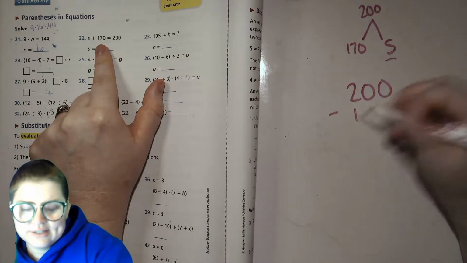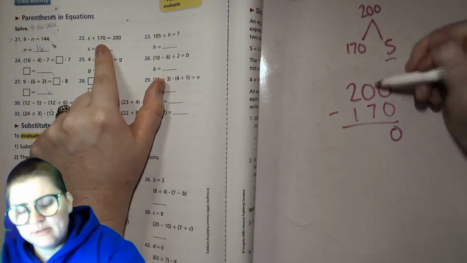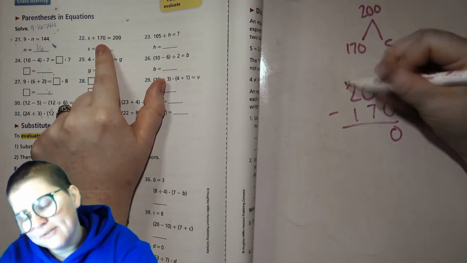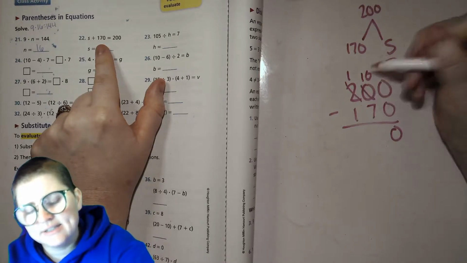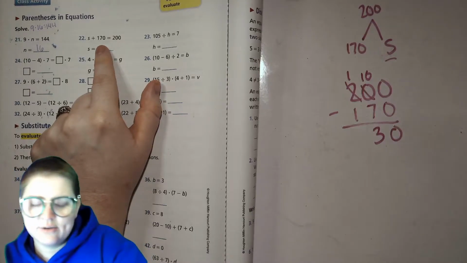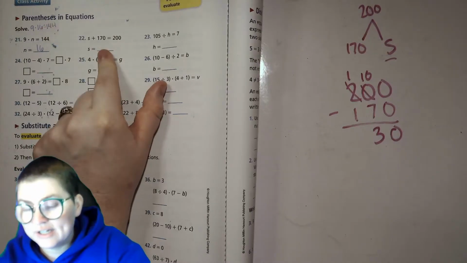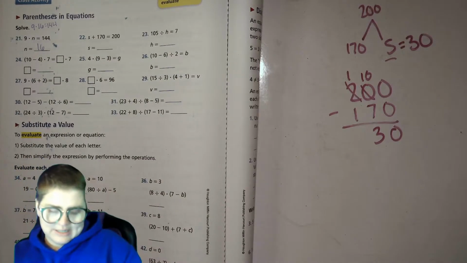So we'll do 200 minus 170. 0 minus 0 is 0. 0 minus 7 is not going to work. So we'll have to ungroup. And we'll leave 100 there. And now we have 10 tens to work with. 10 minus 7 is 3. 100 minus 100 is 0. So we're left with 30, which means s equals 30.